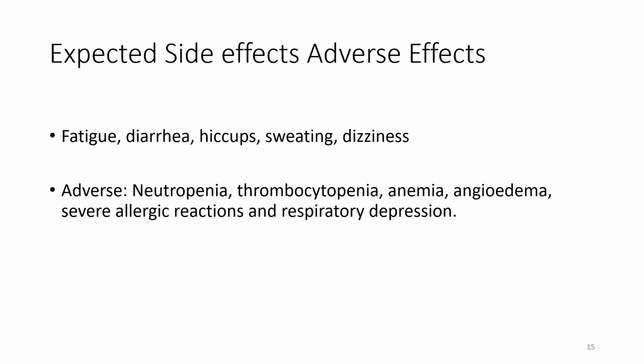Some of the complications with the use of a prepotent are, of course, fatigue, diarrhea, headaches, dizziness, mild hiccups, flatulence, and sweating. If you recall what serotonin does in the GI tract, it regulates bowel function because it plays an important part in smooth muscle function in the GI tract.